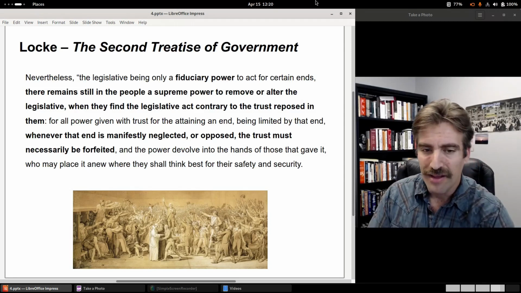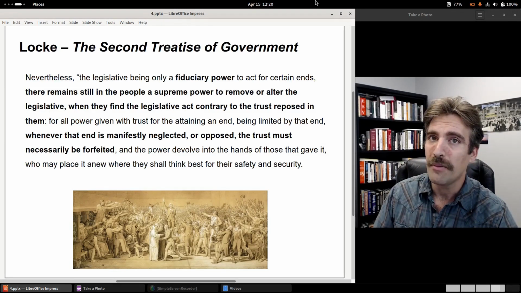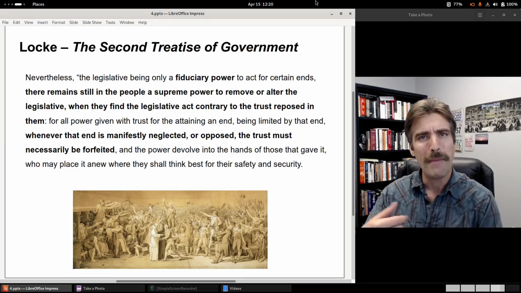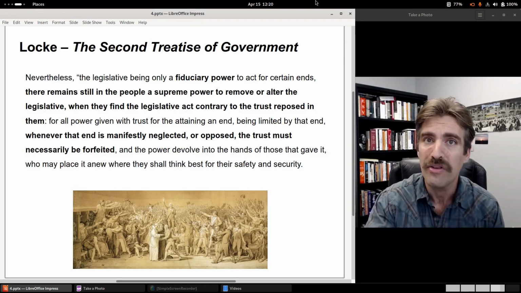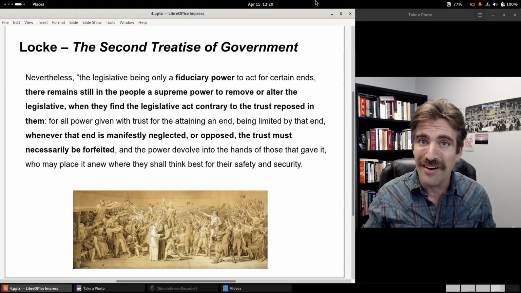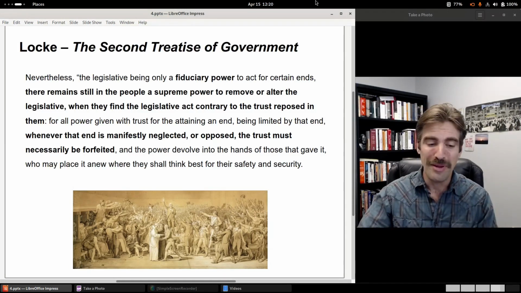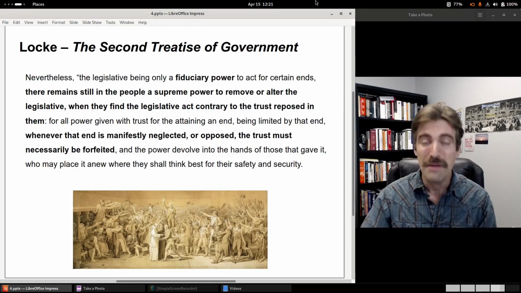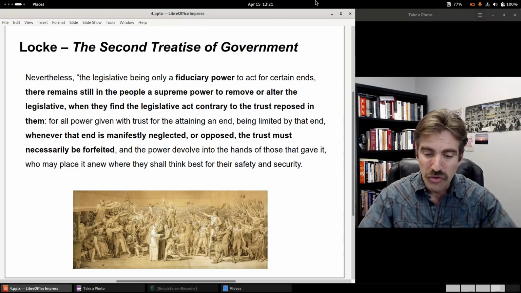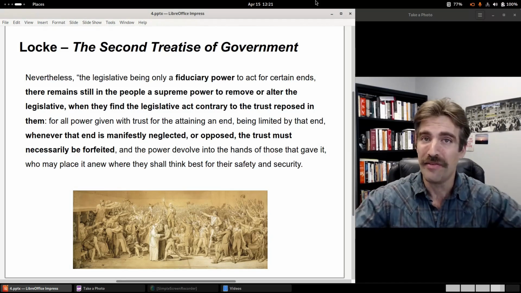I can't help but think of Speaker Mike Johnson. A lot of people are really upset with Speaker Johnson. He seems to have abandoned the trust reposed in him. This happens a lot in American politics. No matter how many elections you have, the people may be unable to vote in politicians who truly act for the public good, so that no matter who you have in office, there's corruption.